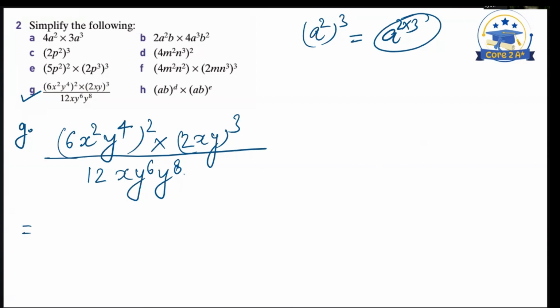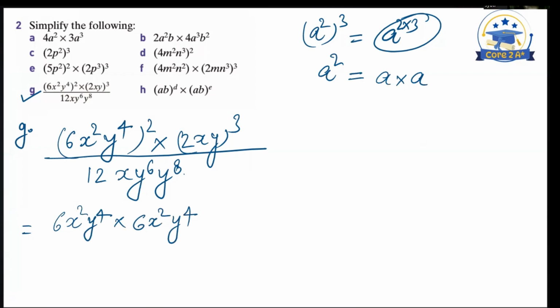If you want, we can solve it in a very easy way. Suppose we have a square, so what does it mean basically? A times a, right? Can we write like that? So similarly, I'm going to write 6x square y to the power 4 two times, 6x square y to the power 4, because of this 2 we are writing 2 times.